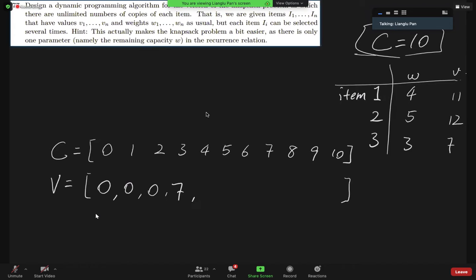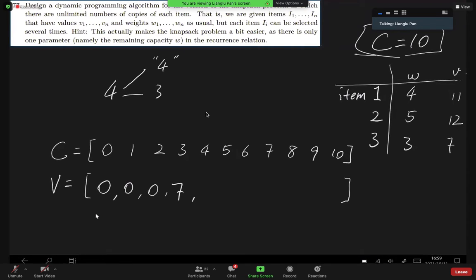Now for capacity equal to 4, I think we have several options. Let's try to consider these options. The first possibility is to see if there is a single item that has a weight of 4. The second possibility is that, rather than loading a single element, we split this capacity into 2 smaller parts.